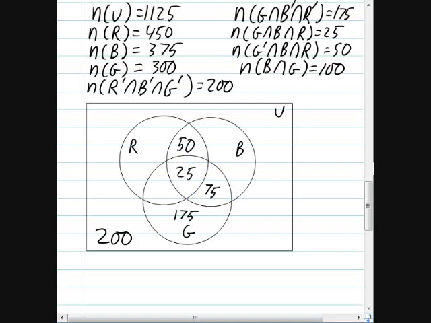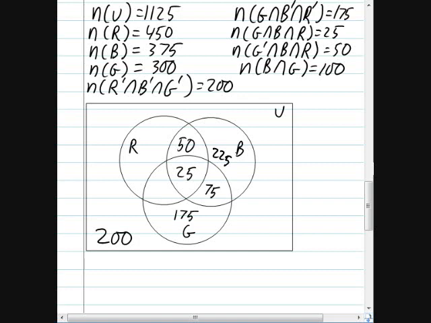Next, we could use the information that tells us that the number in the set B, so in the entire circle B, is 375. Now we've already used up 150 in the set B, as can be seen by these numbers. So if there's a total of 375 in the set B, and we've already used up 150, that leaves us with 225 people that are in that portion of the set B. We can use the same logic for the set G. We've already used up a total of 275.